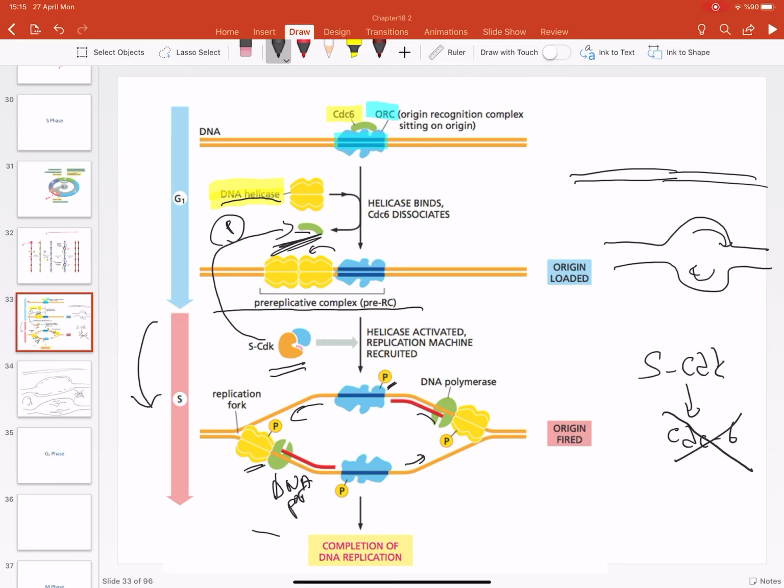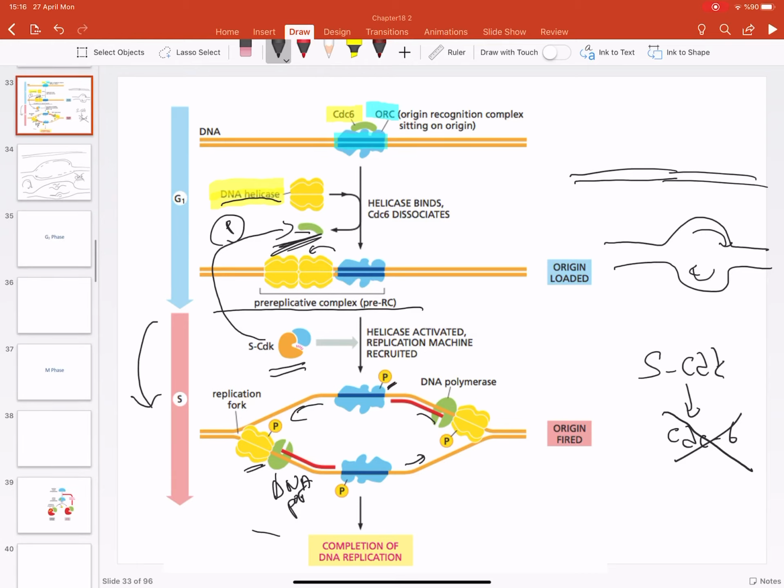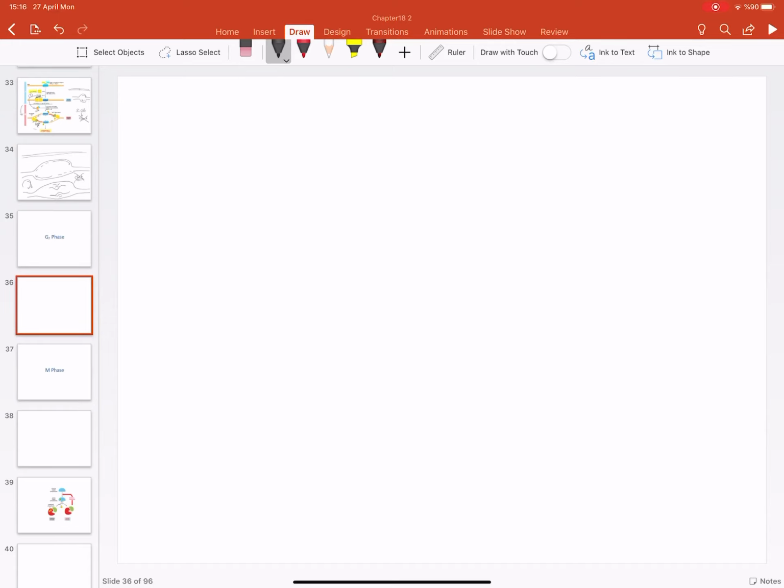Okay, this is how the S phase is controlled through the origin of replications. And in the G2 phase, it is right before the M phase, so it waits, it checks if everything is okay. Before the mitosis, it checks if DNA is replicated. And here, it is kept inactive by Wee1.